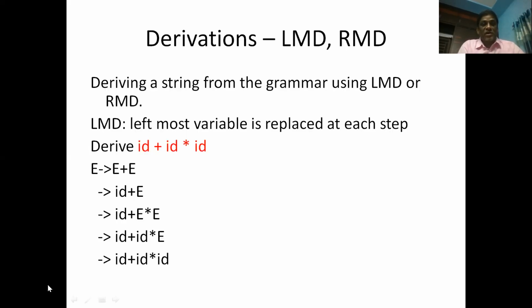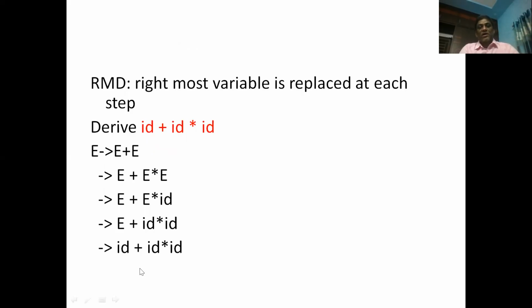If you observe, in each step of the derivation, only the leftmost variable in the RHS string is replaced with some production. Okay, and rightmost derivation is quite opposite to that, where in each step of the derivation, the rightmost variable is replaced with the corresponding productions.